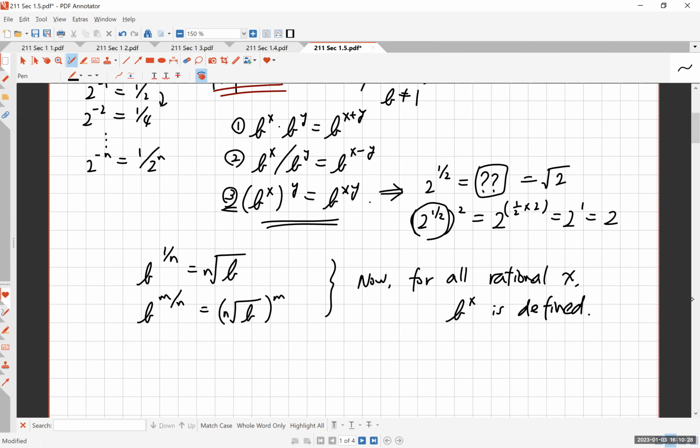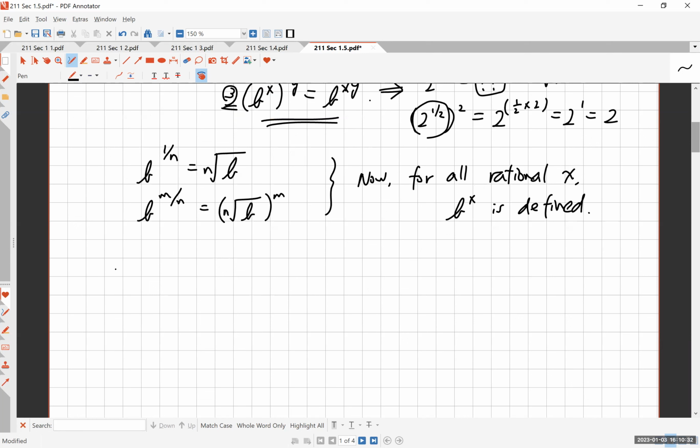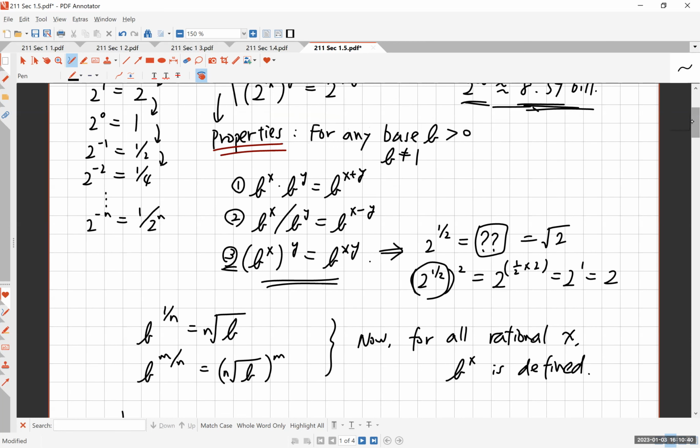Now, the rational numbers are dense, meaning that in any small interval, you can have rational numbers. And so now we have the definitions for negative and positive integers, and rational numbers.